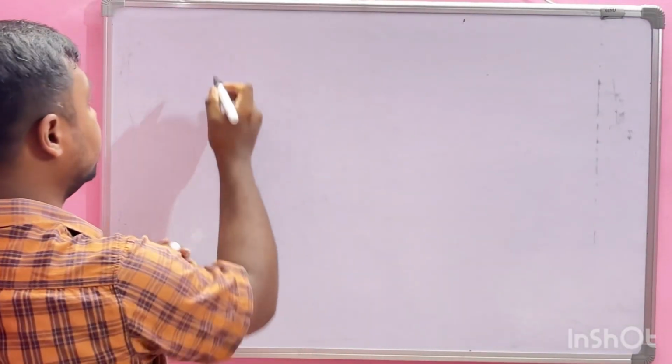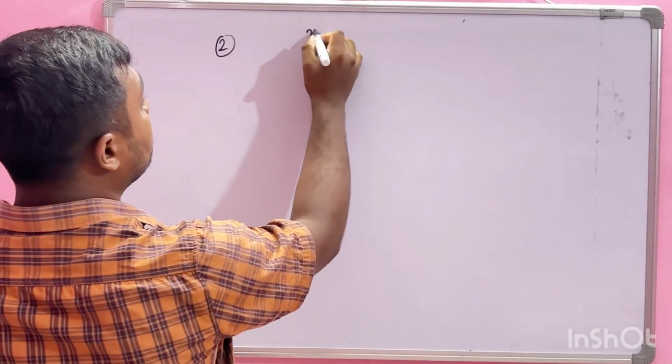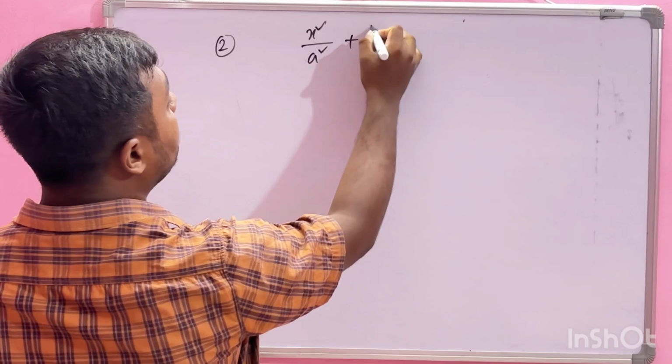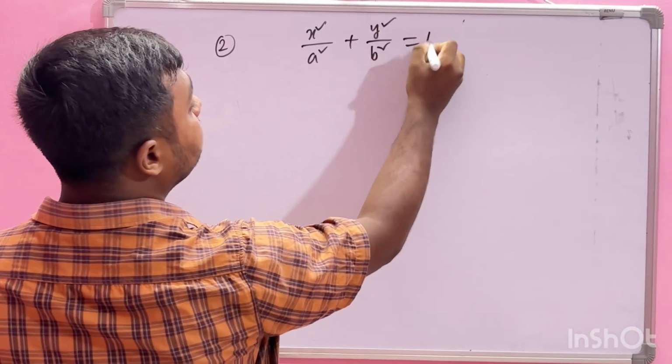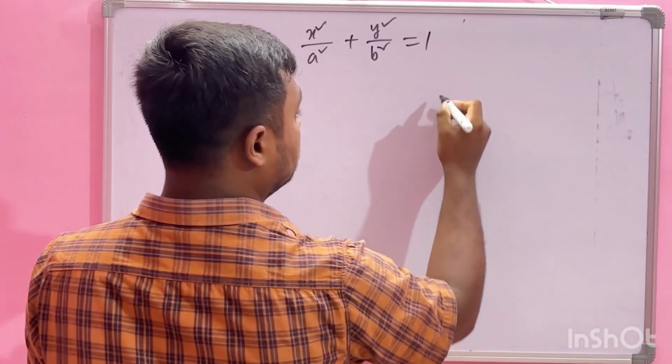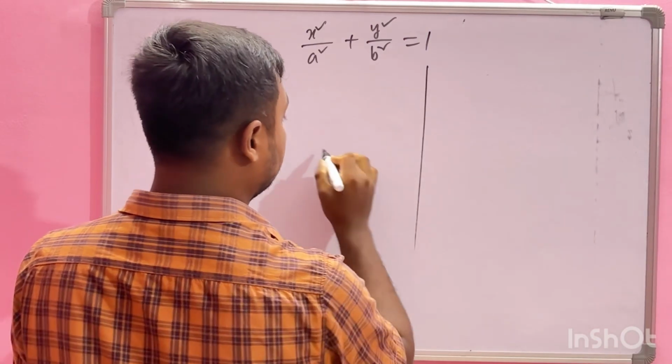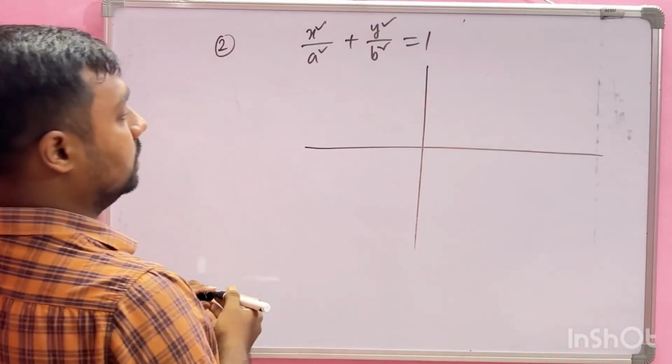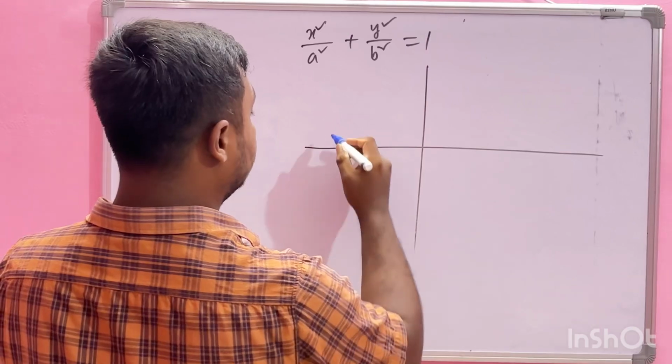The second property is, for the ellipse x square by a square plus y square by b square equal to 1, this is the ellipse.